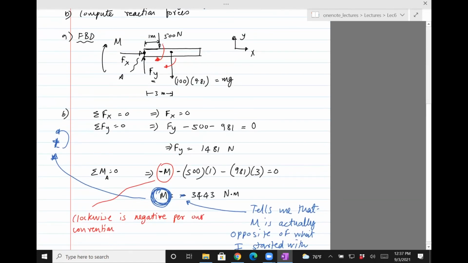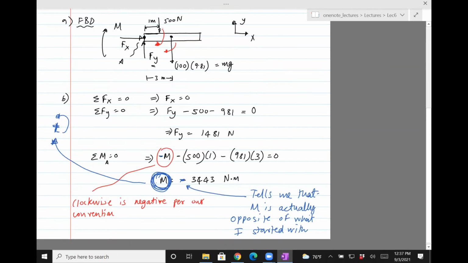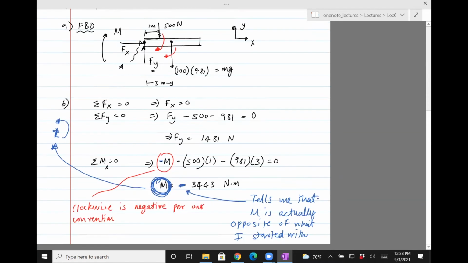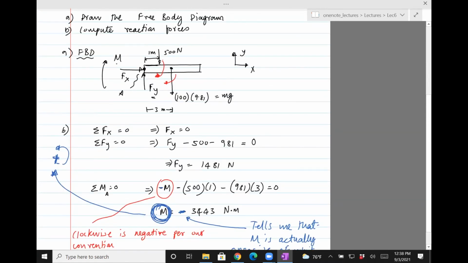So two things going on. One is our convention, and one is the final answer, right? The convention I used throughout this problem is clockwise is negative, counterclockwise positive, and that's why this sign is negative. When I solved the problem, it came out with a negative sign. So this negative sign here is just saying that the M in this figure is opposite of what it should be.